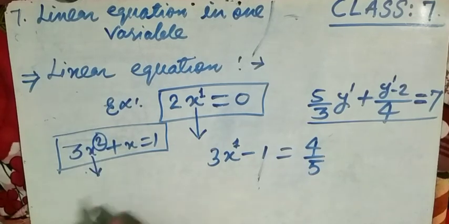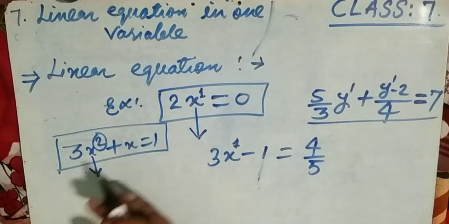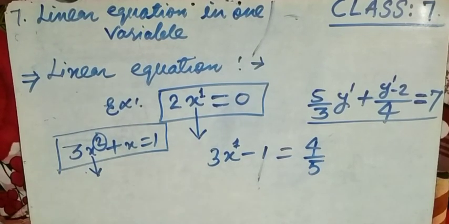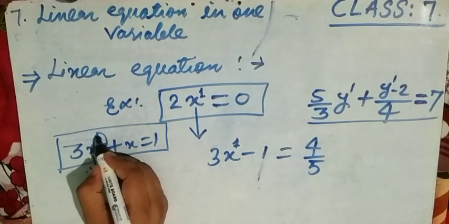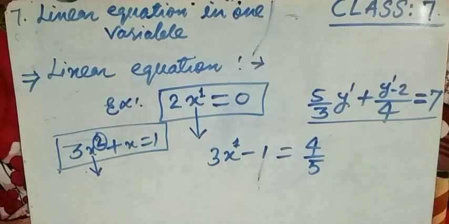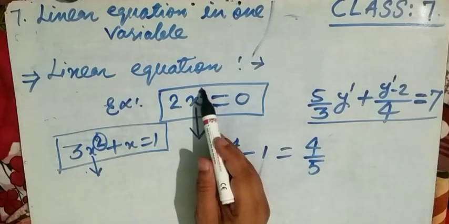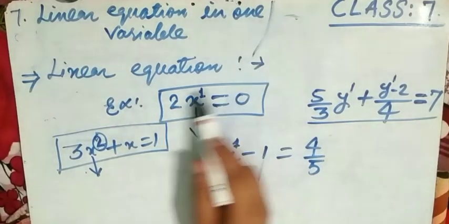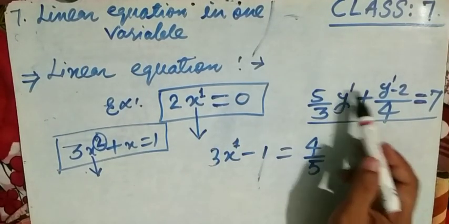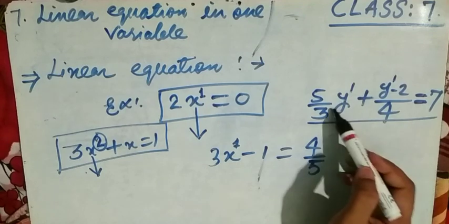Linear means the unknown quantities have one exponent, one exponent of variables. That is called a linear equation. Here is the one exponent of the variable, so it is called a linear equation. Here is the one exponent of this variable y, so this is called a linear equation.